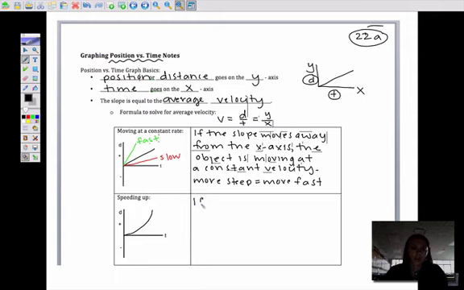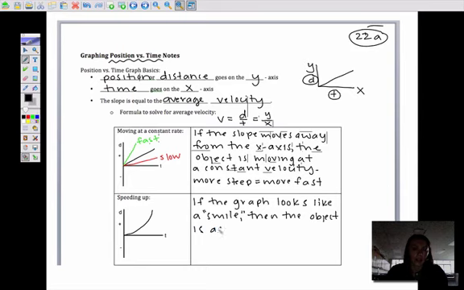So if the graph looks like a smiley face, then the object is accelerating or speeding up.